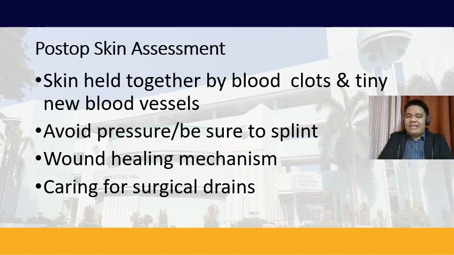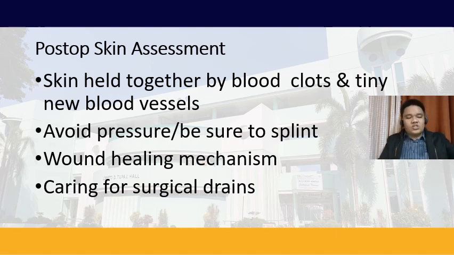Okay, what do you mean by that? Remember, the wound healing mechanism takes place, inflammatory processes take place, in order for the skin of your patient and other organs to be healed. That's why pressure is avoided, splinting is recommended.